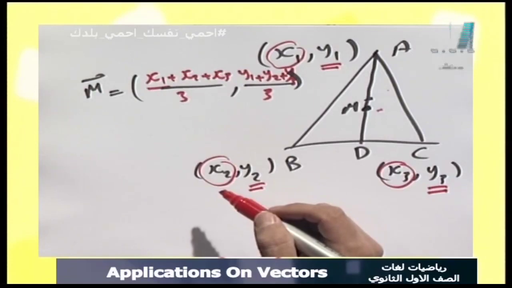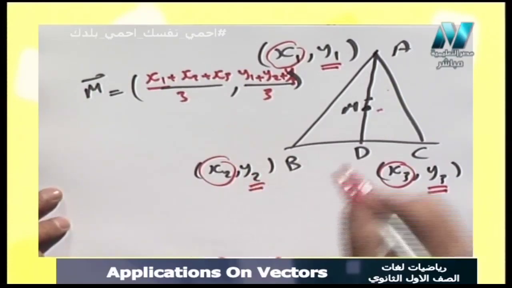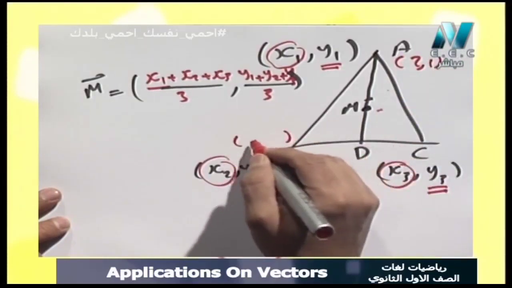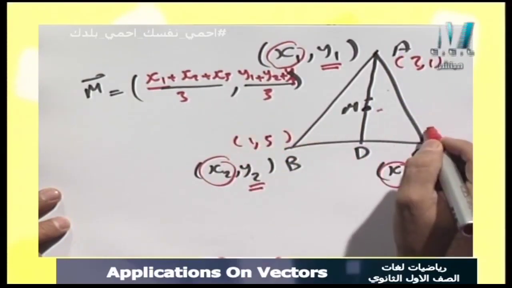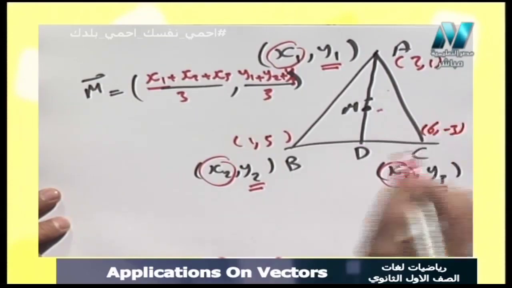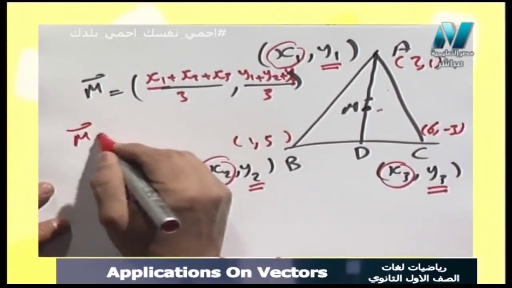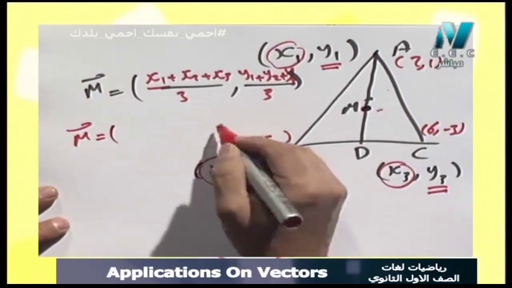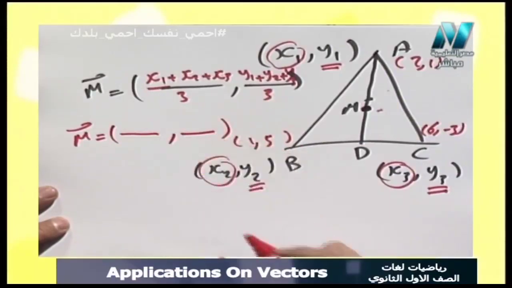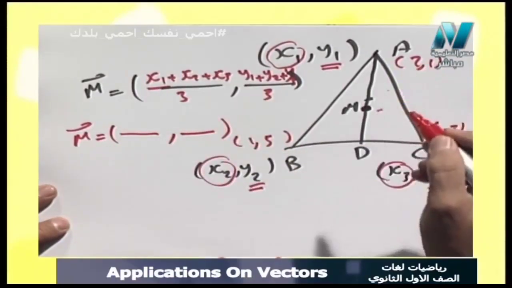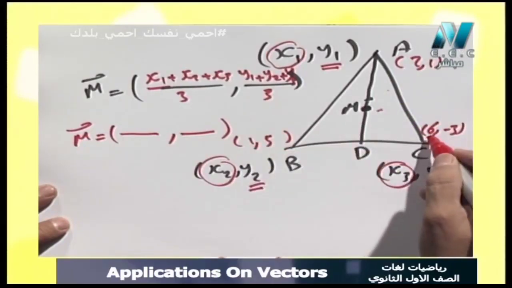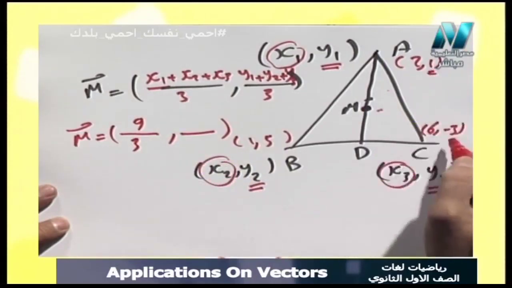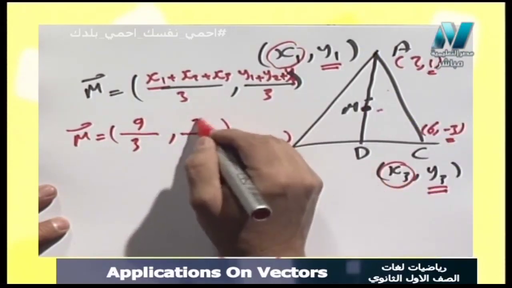Okay, so if we have A equals 2 and 1, and B equals 1 and 5, and C equals 6 and negative 3, we can directly find the vector M or the coordinates of M by applying this rule, which is 2 plus 1 plus 6, which is 9 over 3, and 1 plus negative 3 plus 5, which is 3 over 3.